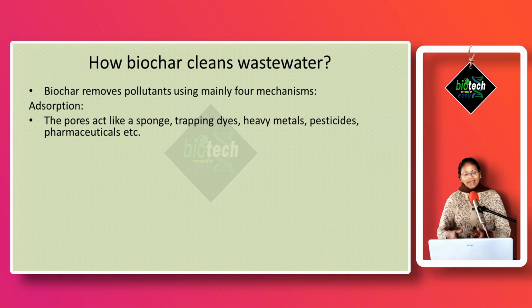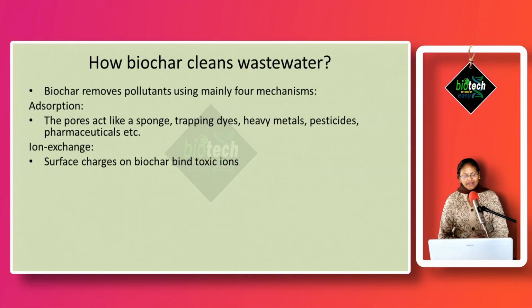They act like a sponge, and because of these pores, all kinds of heavy metals, dyes, pesticides, pharmaceuticals, all types of pollutants can be trapped inside the pores. That's how adsorption takes place.